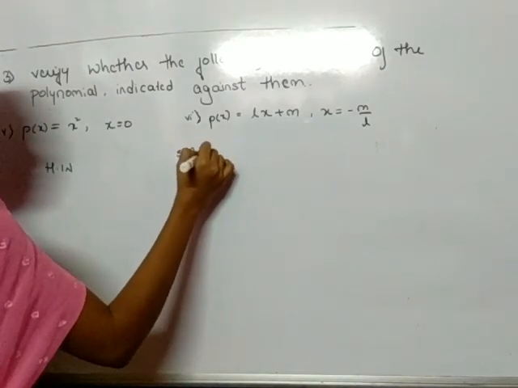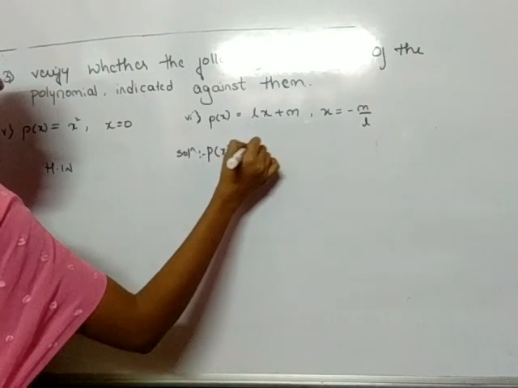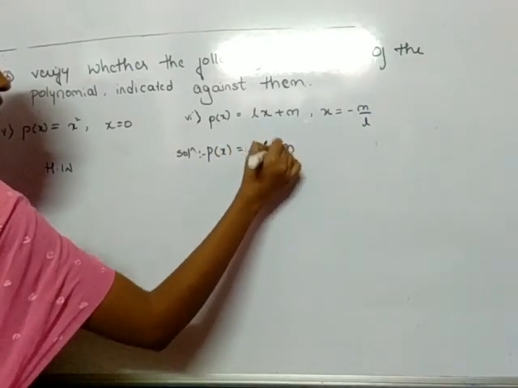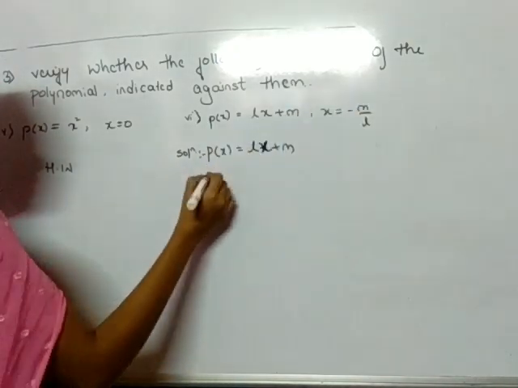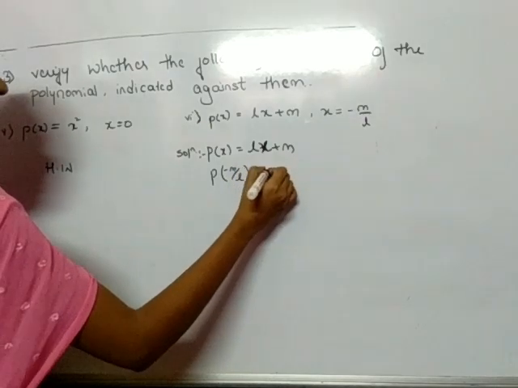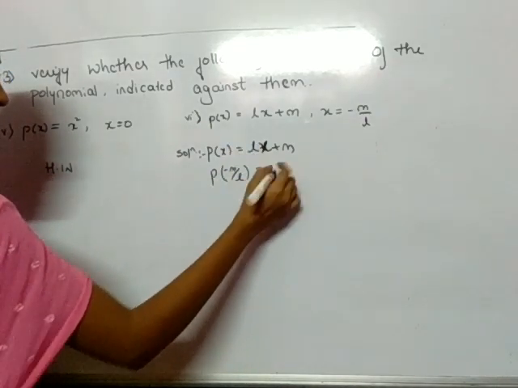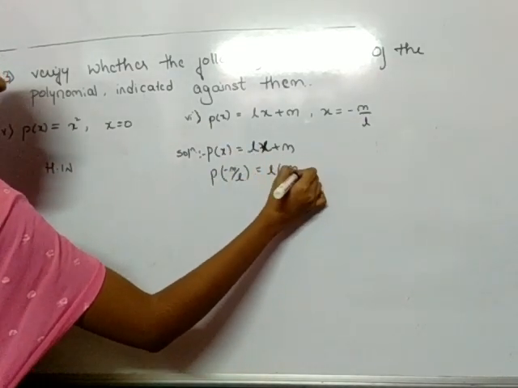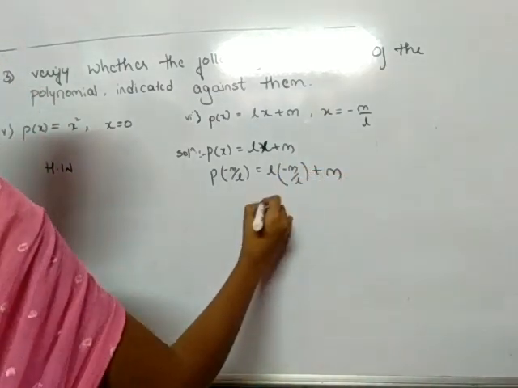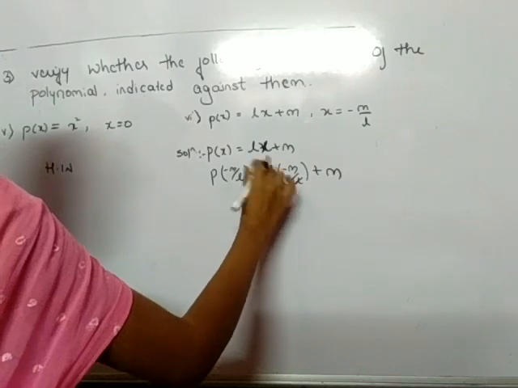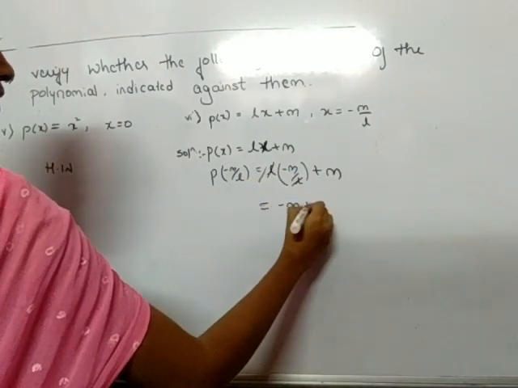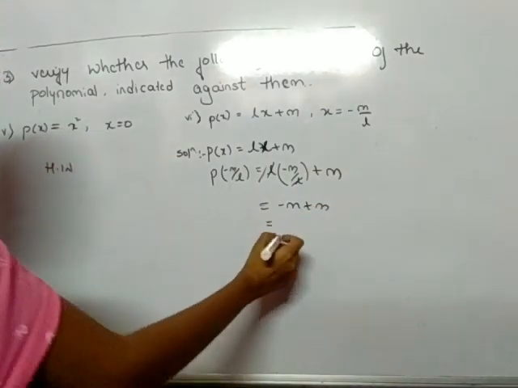solution: p of x is equals to Lx plus m they have given, right? So in place of x we need to substitute the value minus m by L, right? We'll keep this L as it is. In place of x, minus m by L, plus m. L cancels, then minus m plus m it is here, right?